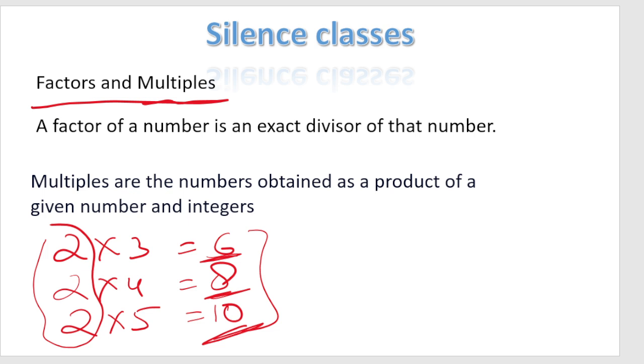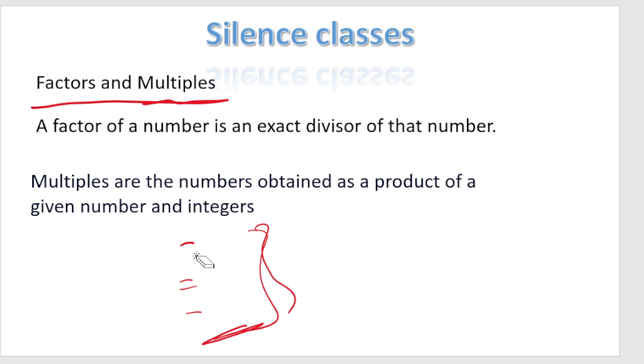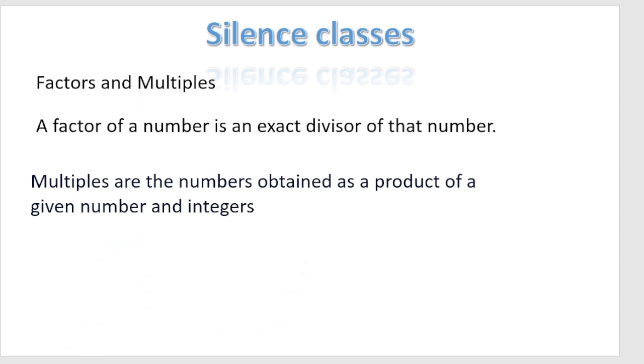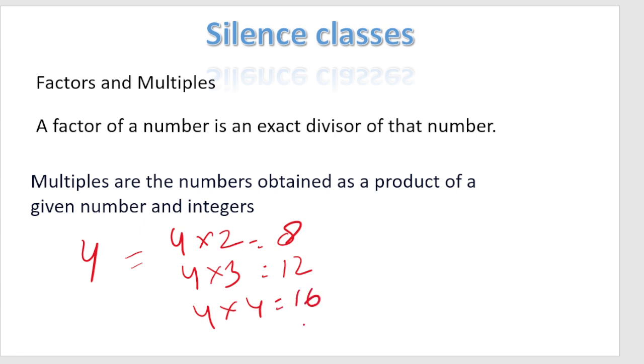So these are the multiples, whatsoever product we get at last by multiplying the number. In the questions you will be asked to find the next 5 multiples of 2, or the next 5 multiples of 4. For the next multiples of 4 we will not multiply by 1, we will multiply by the next numbers. 4 multiplied by 2 is 8, 4 multiplied by 3 is 12, 4 multiplied by 4 is 16, 4 multiplied by 5 is 20.